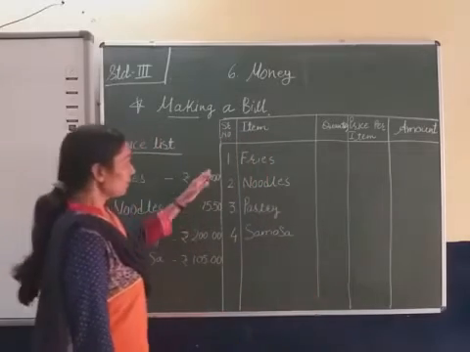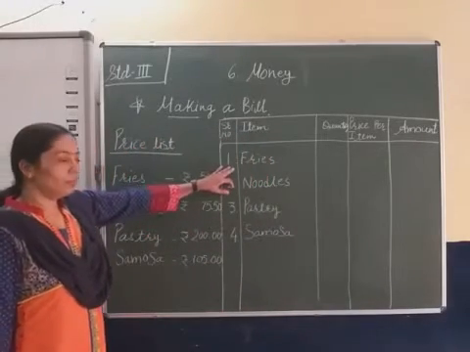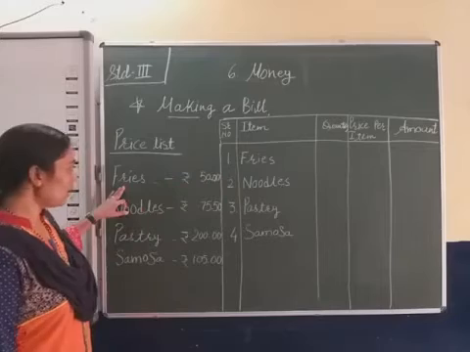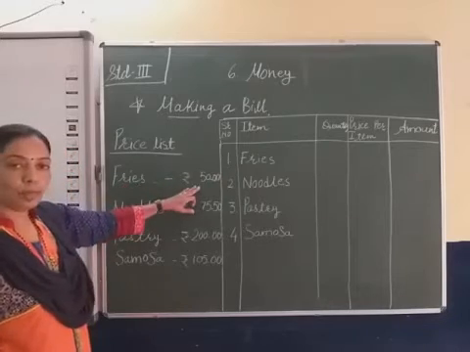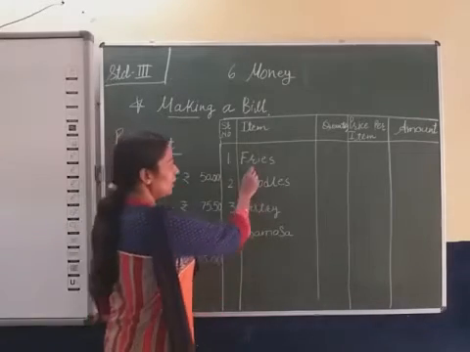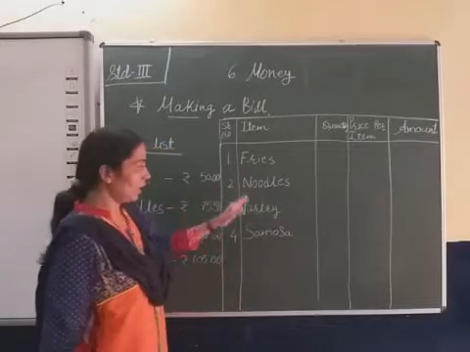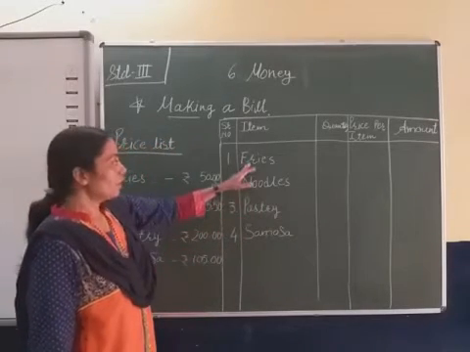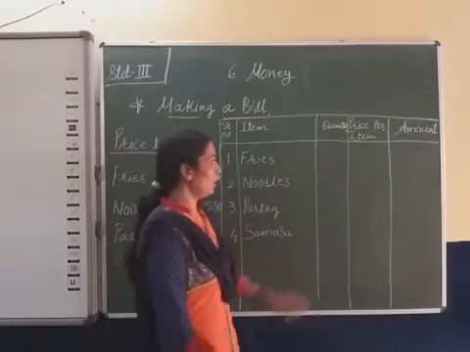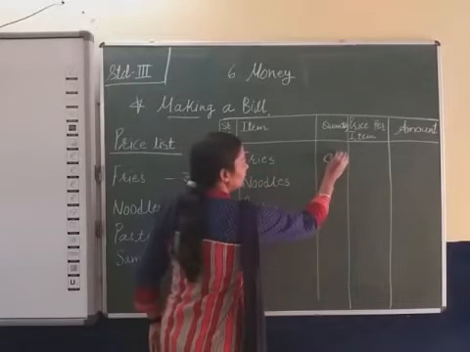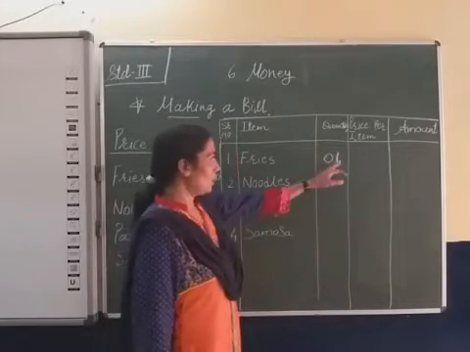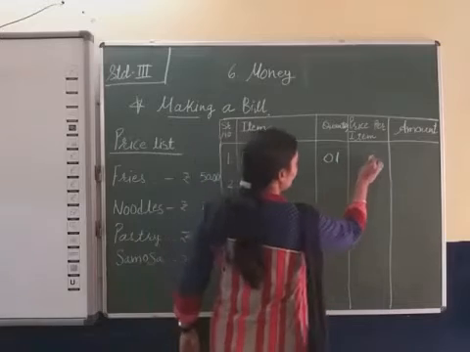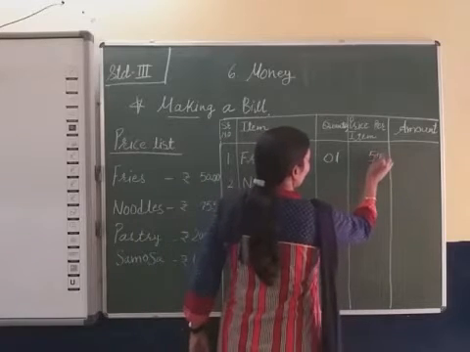So let me do the price. The price cost is here rupees 50. We will write the item name here. Already I have written it here. Price, quantity, only one. Price per item rupees 50.